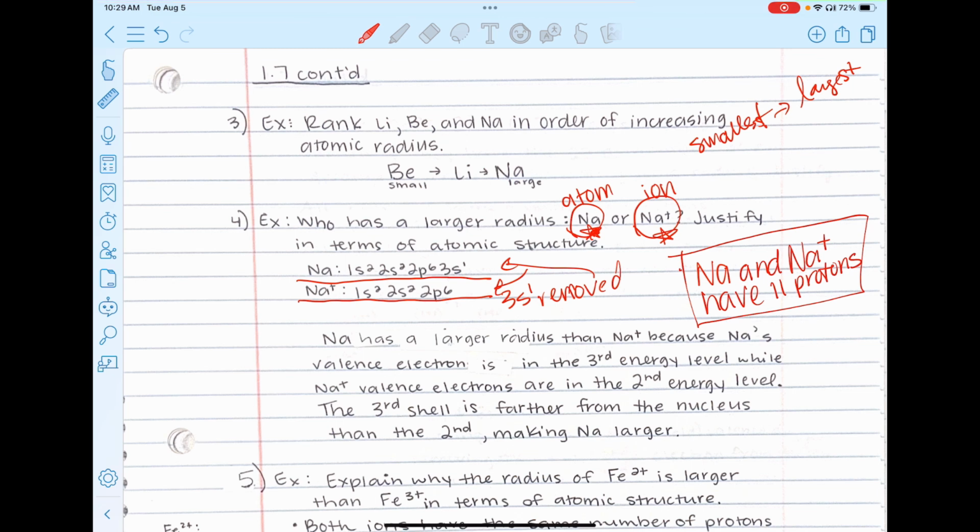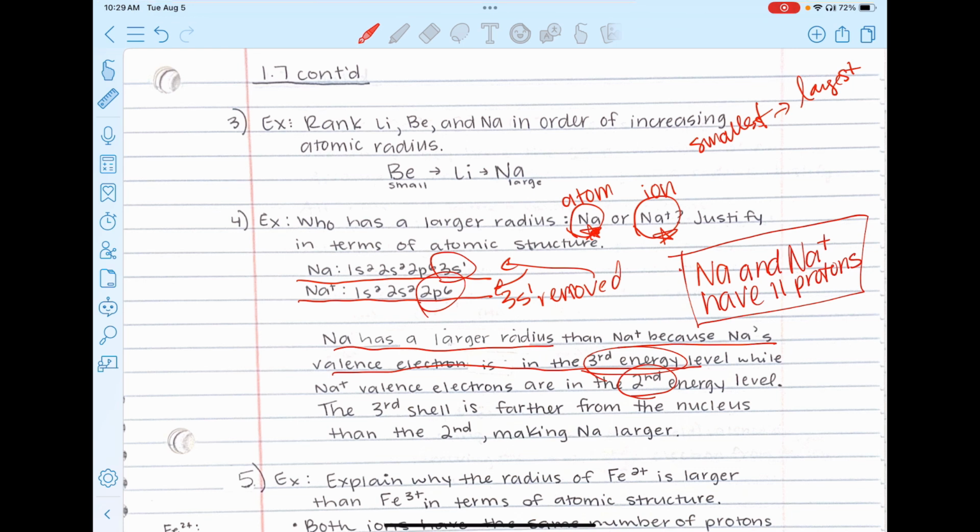So notice that the valence electrons of sodium plus are in the 2p subshell, whereas the valence electrons of neutral sodium are in the 3s subshell. So therefore, sodium has a larger radius than sodium plus because Na's valence electron is in the third energy level, while sodium plus's valence electrons are in the second energy level. So this one is a distance thing again. We're comparing the second energy level to the third.